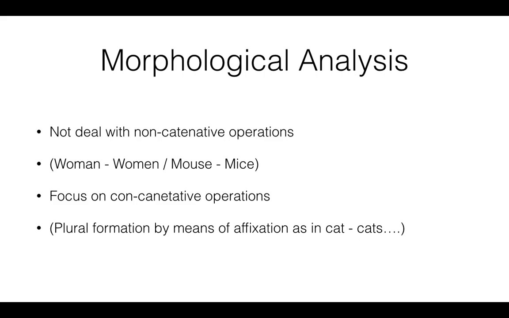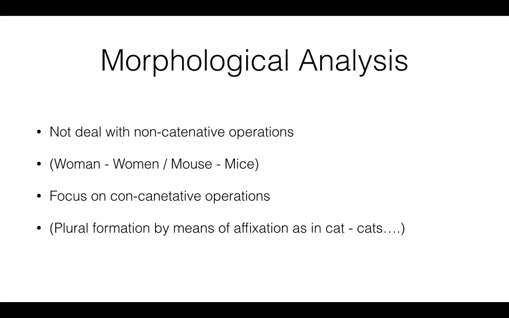What do we mean by them? Examples like woman, women, mouse, mice. We have morphological changes in them, but they are different from the s and so on. The word changes, and they are not general, they are just exceptional. We call these types of operations non-concatenative operations. I'm not going to talk about that.